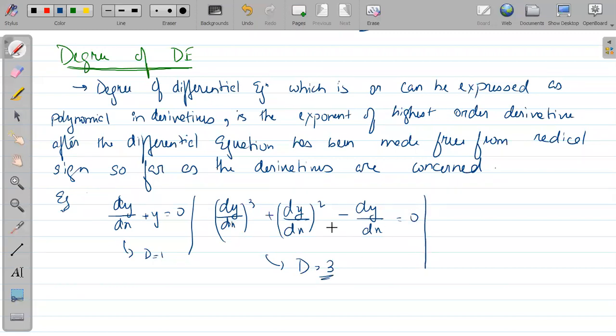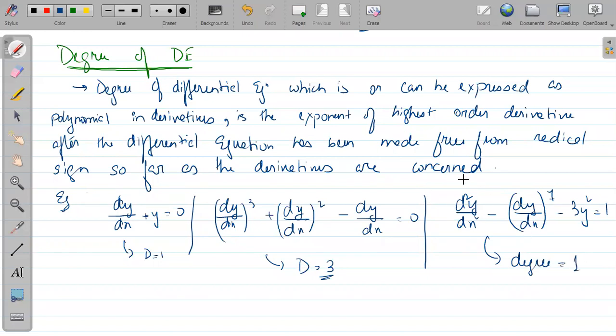You are looking at the highest order derivative only, the exponent of the highest order derivative. Suppose one more. Degree is 1. That means the power of the highest order derivative is 1 only. So we are looking over this part. So this is the degree. Have you understood, I guess? Very good. Very simple, obviously.